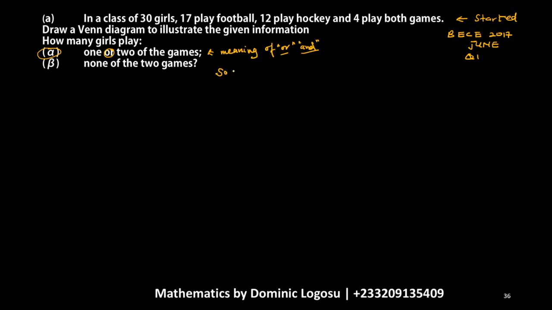With every typical Venn diagram question, we would have to name the parameters. So to name the parameters, we are going to state that let U be the number of girls in the class. Then you say n(F) will be those who play football.